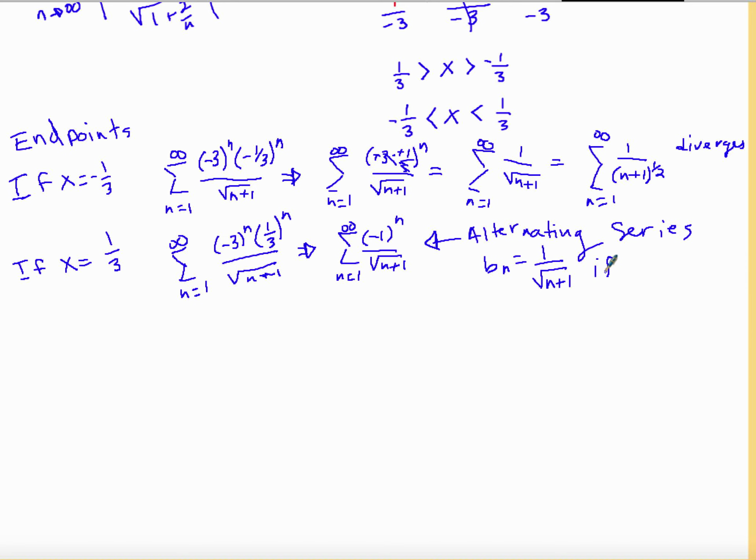If the limit as n goes to infinity of b sub n is equal to 0, then it converges. This is the rule for alternating series. And that actually is the case. So as n gets really, really, really big, we're going to take the square root of it, and that will be in the denominator. It's going to go to 0.